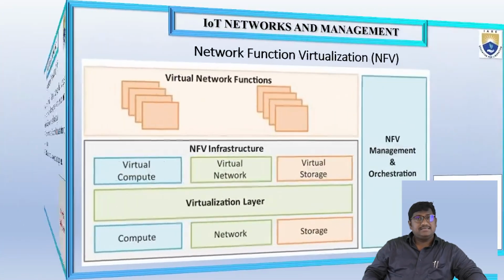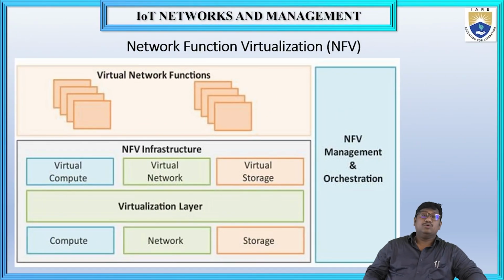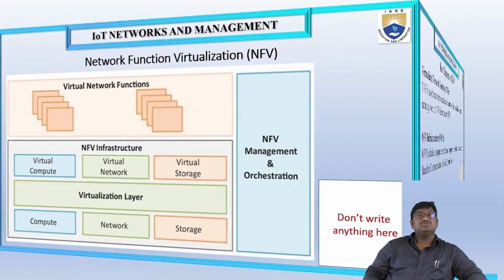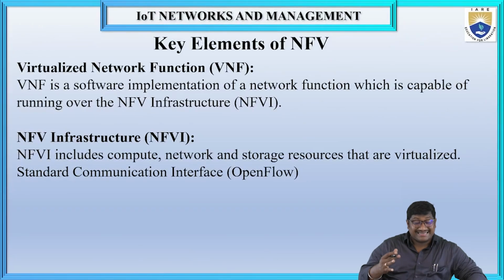at the time of utilizing SDNs and NFVs in your current designs. And how does NFV look? This NFV has different things in it: virtualized network functions, NFV infrastructure, virtualization layer, computing, networking, storage, and also NFV management and orchestration. What are the key elements?